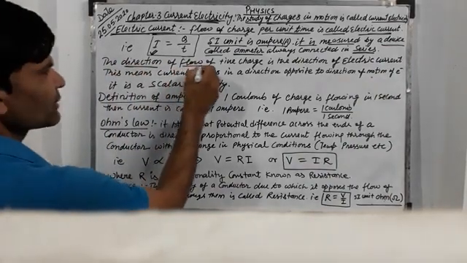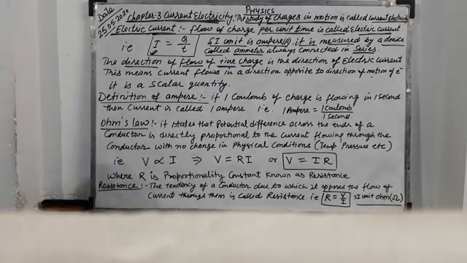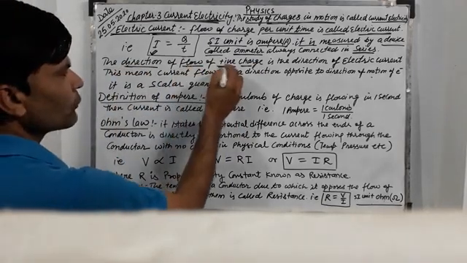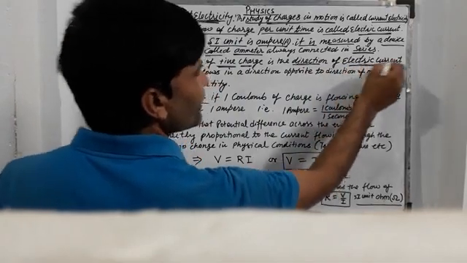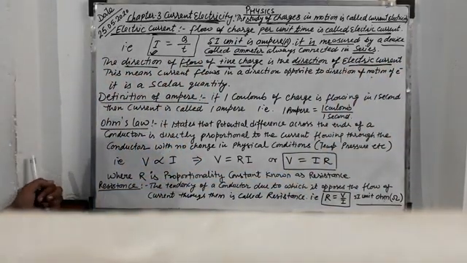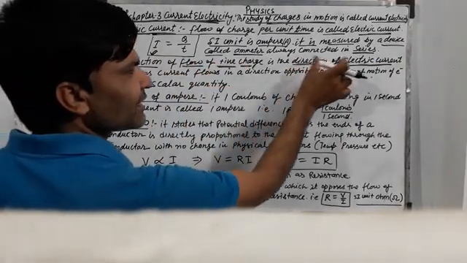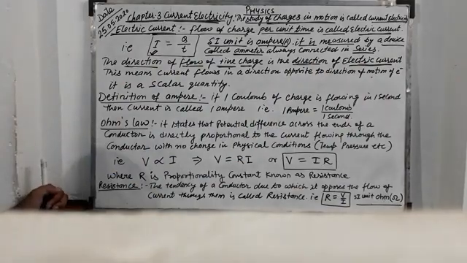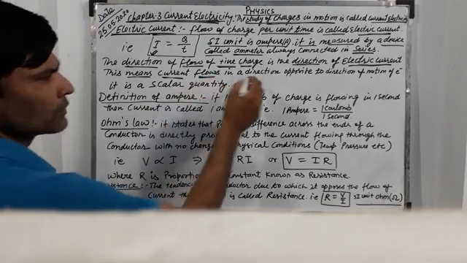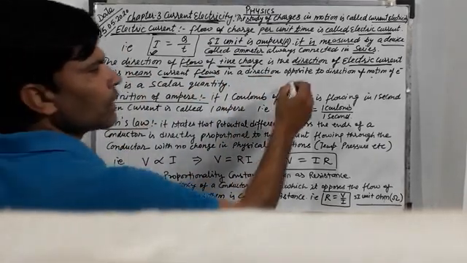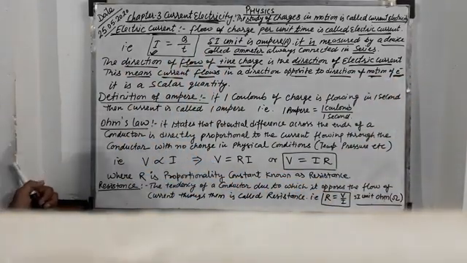Now the direction of flow of positive charge. Once again, the direction of flow of positive charge is the direction of electric current. Always remember this. This means current flows in a direction opposite to the direction of motion of electrons.